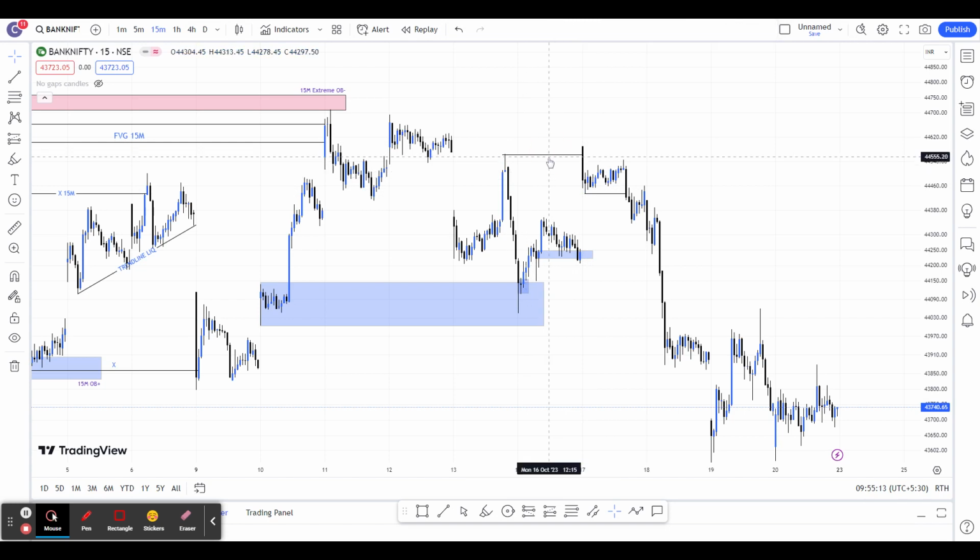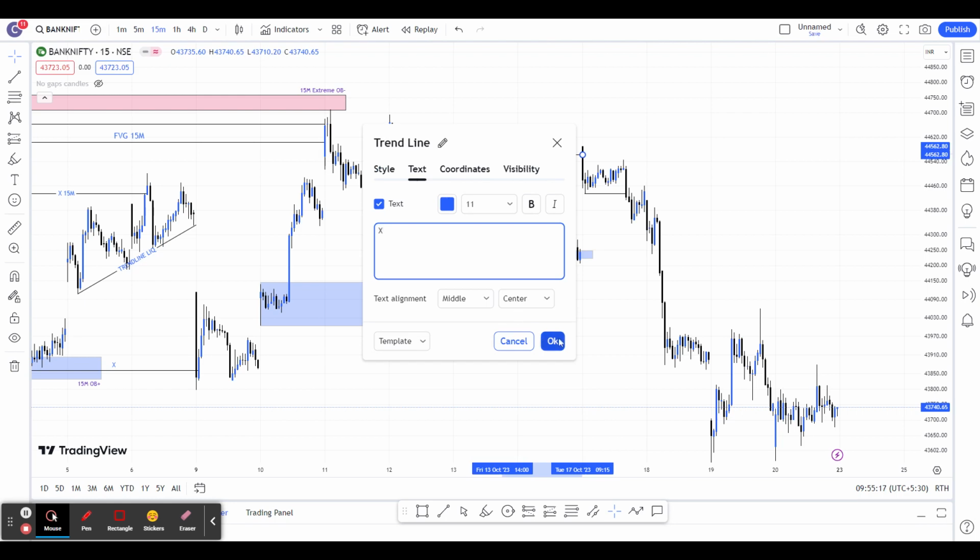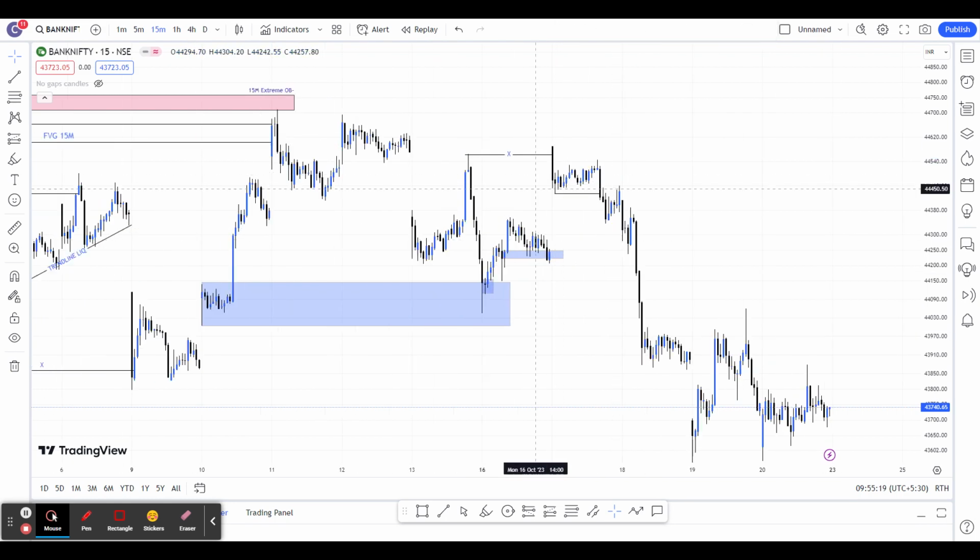This is not a break of structure to the upside. This is a sweep of liquidity, and the market wants to push to the downside. But there still remains some demand: this demand and this fair value gap. These are the two demands which remain in this area.